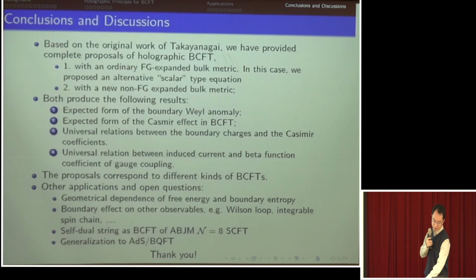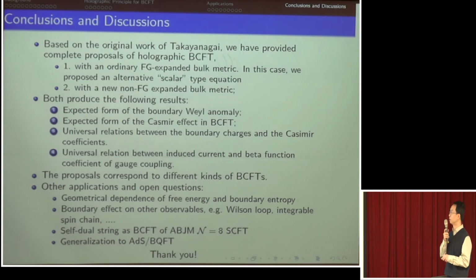So I summarize my talk. Based on the original work of Takayanagi, we have provided two complete proposals for holographic BCFT. One is based on the ordinary FG extension of the bulk metric, but using an alternative scalar type equation for the embedding.